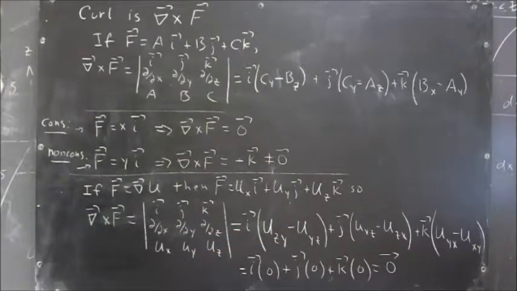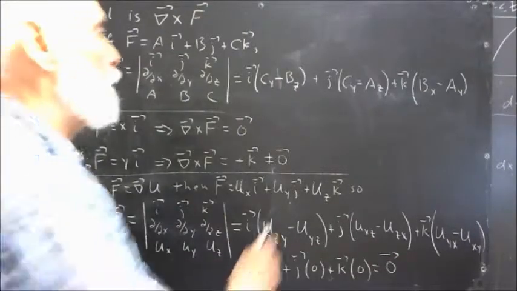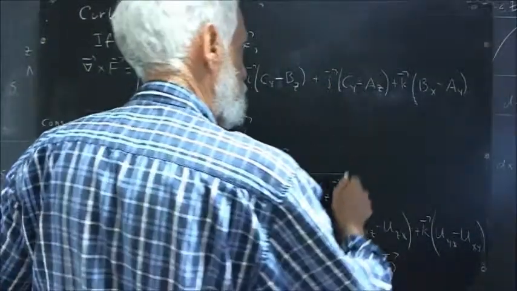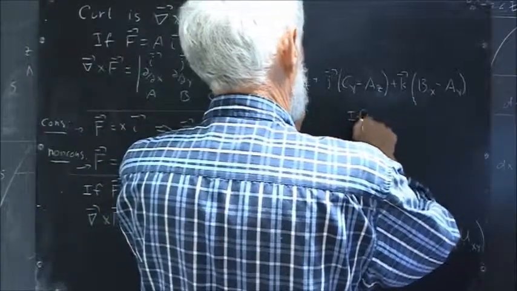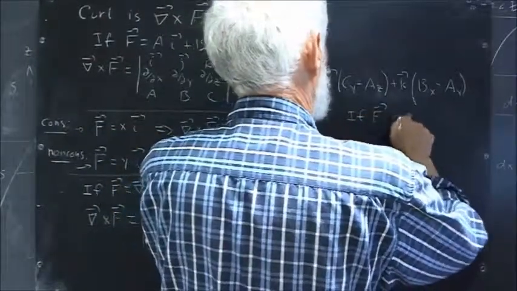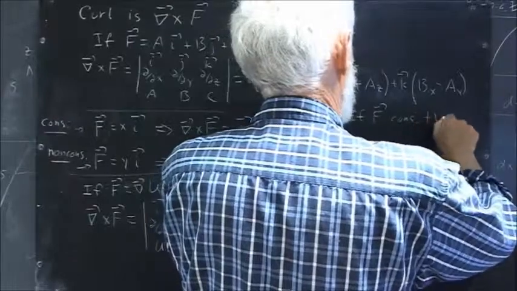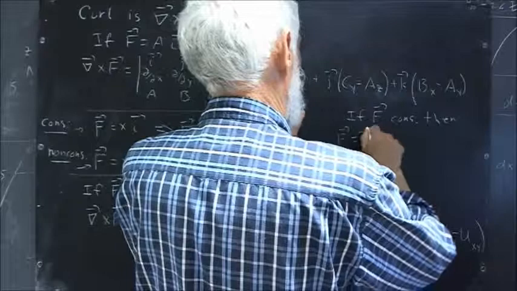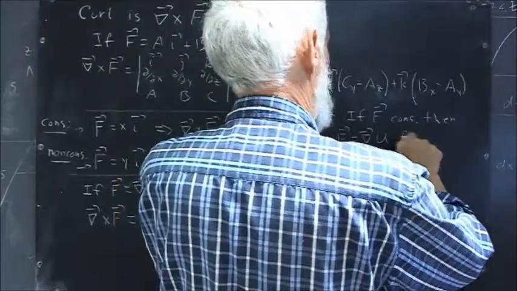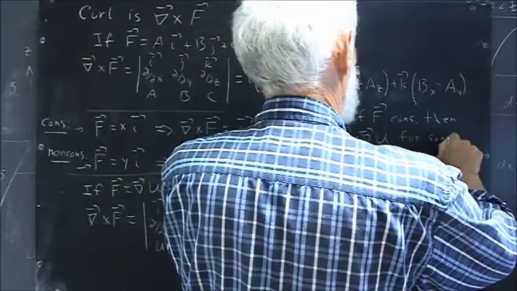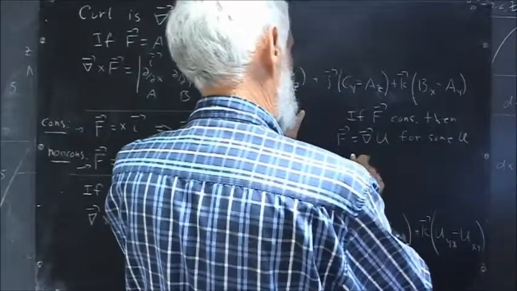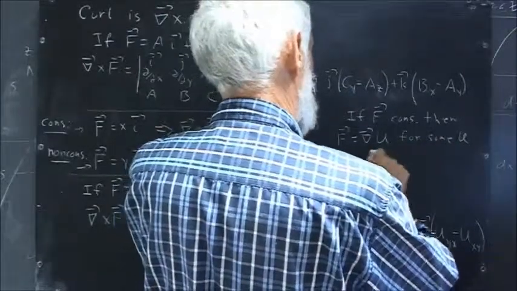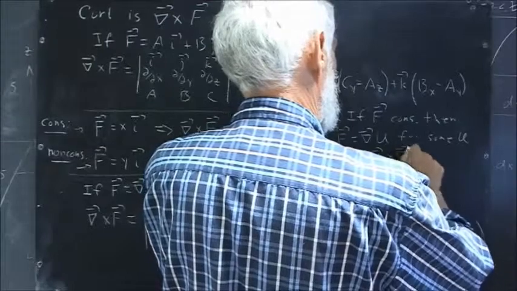Now there's an alternative argument that's a little more complicated. But what we've shown is, if F is conservative, then F equals the gradient of U for some function U. So the curl of F is the zero vector.